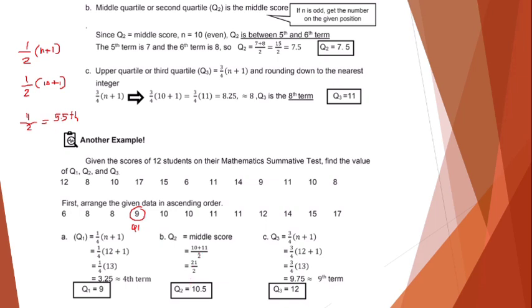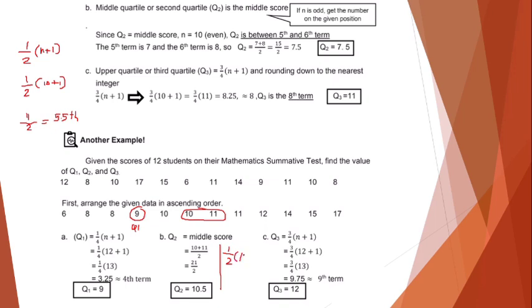So kasi ginawa po dito, 10 and 1, 2, 3, 4, 5. So ito between this. Kahit itry ninyo yung other technique, 1/2, so shortcutin na natin, times 13. So 12 plus 1 is 13.